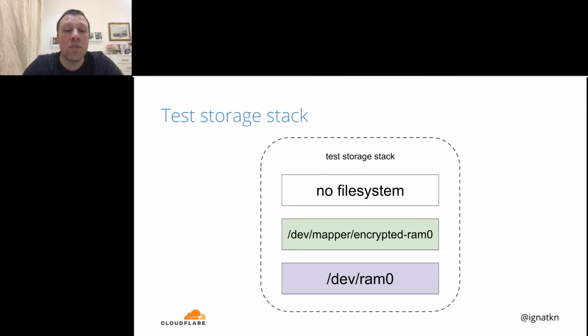For the purposes of this benchmarking, we also don't want any bias introduced by a particular file system implementation, so we will not use any file system here, but instead just write data directly to our dm-crypt instance, and we will compare to the performance of the same data being written purely to the underlying block device in an unencrypted manner.